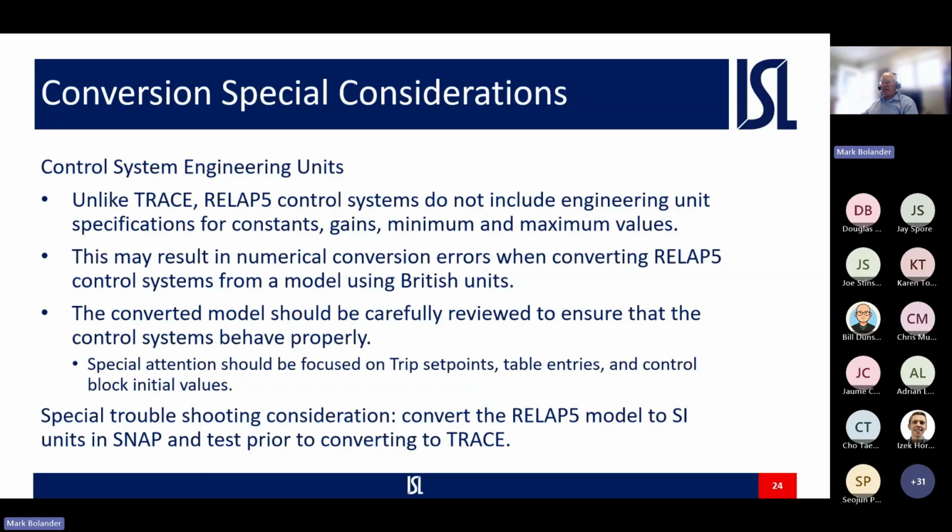It can create some numerical conversion errors when converting RELAP5 control systems from a model using British units, for example. So you need to be wary of that. The converted model should be carefully reviewed to ensure that the control systems behave properly.